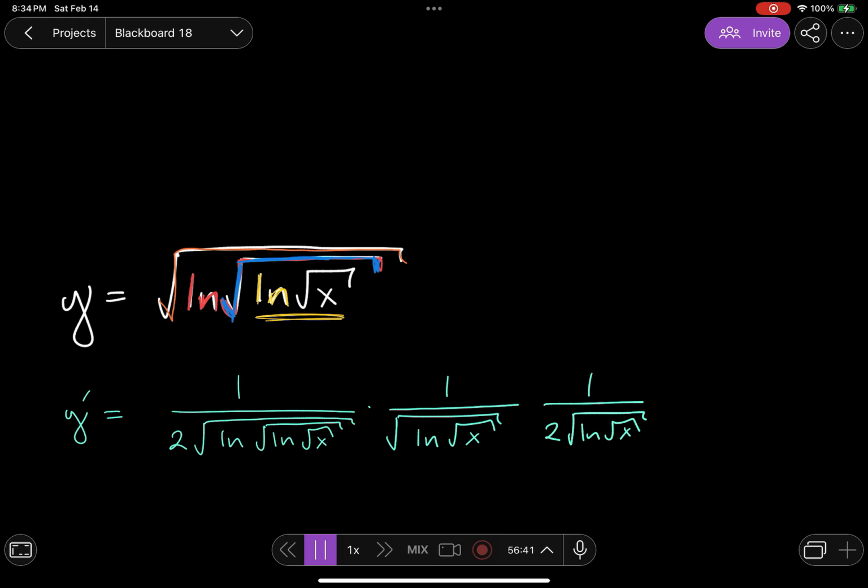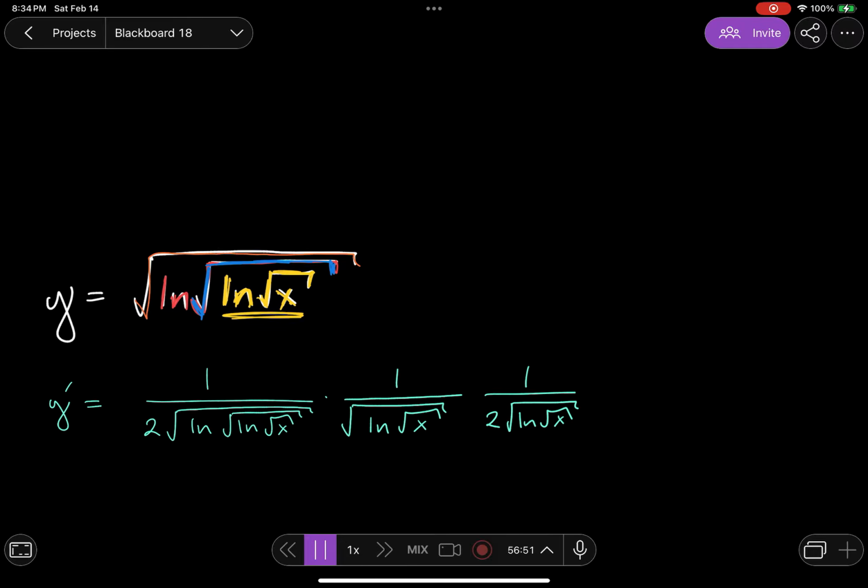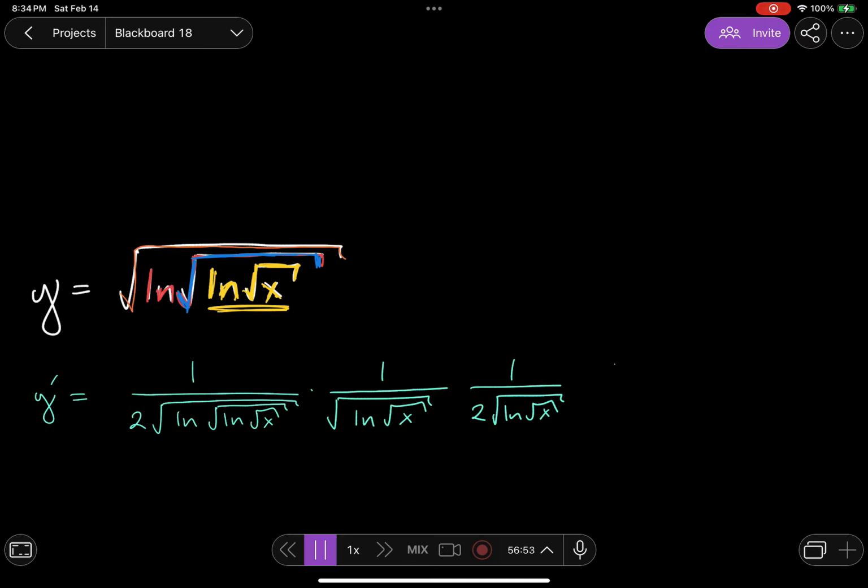And then I have to take the derivative of this yellow function, the natural log of the square root of x. You could use a log rule here, but I'm just going to force it. That's going to be 1 over the square root of x.